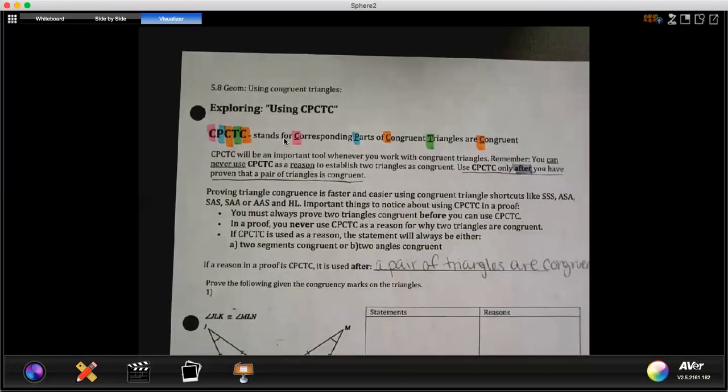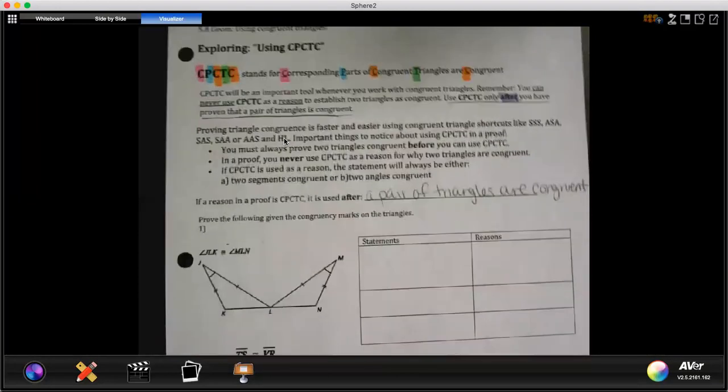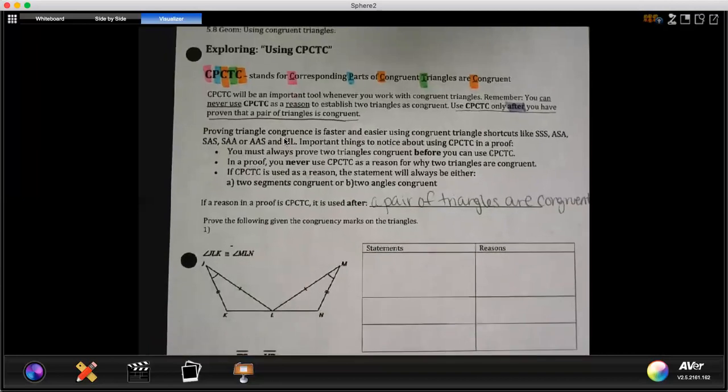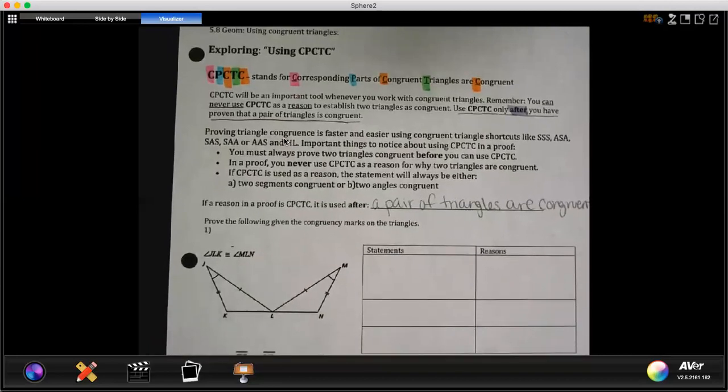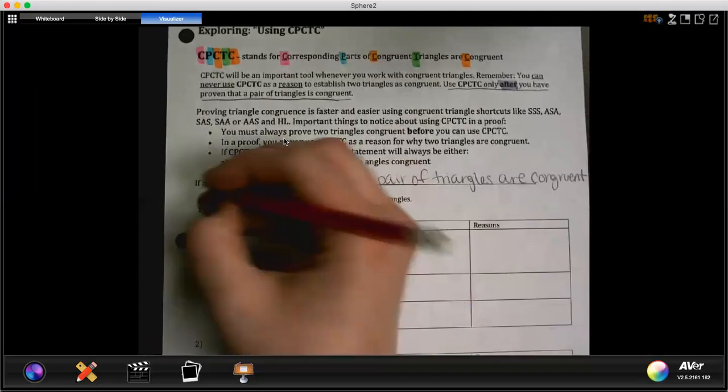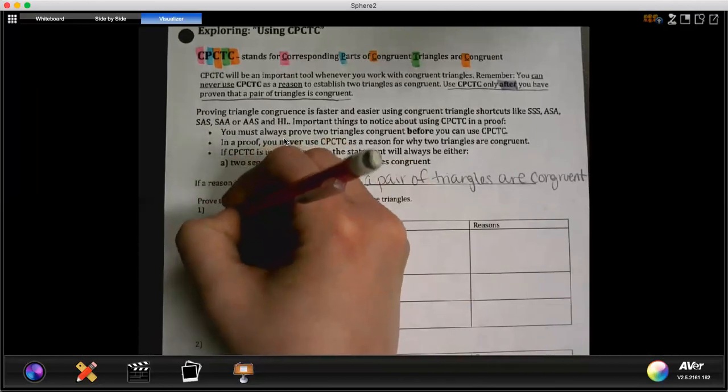Okay. So what we're going to do here is prove the following parts are true given the congruency marks that are provided to us. So we are not actually given any information in these. We are only told what we are trying to prove.